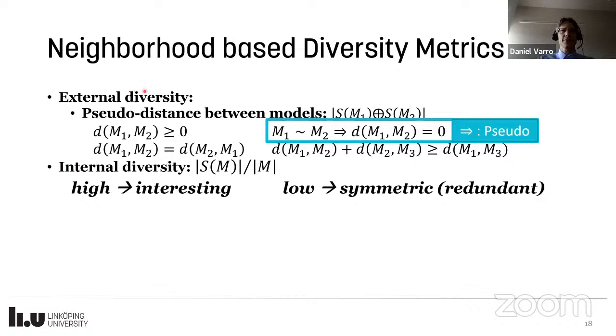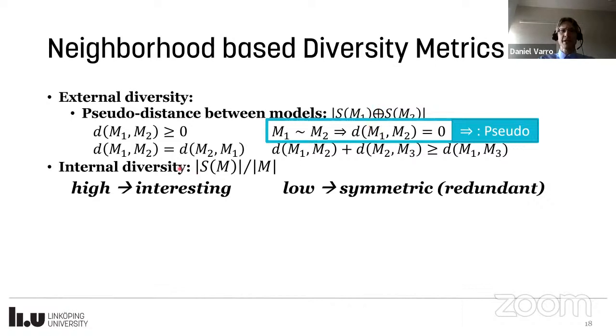One of these is external diversity. External diversity is related to a pair of models, and it is related to how many different shapes there are in the disjoint union of the two models, so how many shapes are covered in only one model but not the other.